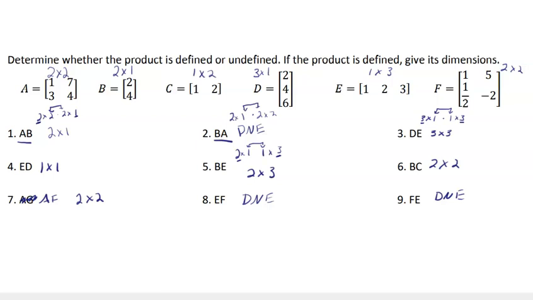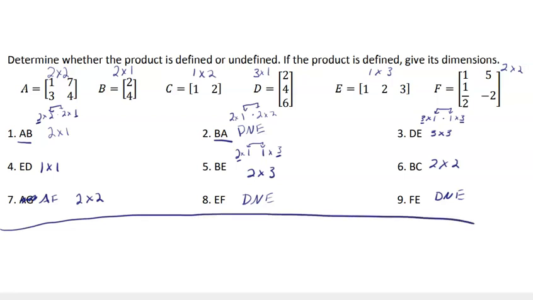If we take real numbers, like 4 times 5, we get 20. And if we take 5 times 4, we get 20, right? They both exist, and they're both the same number. That's because with real numbers, multiplication is commutative, right?